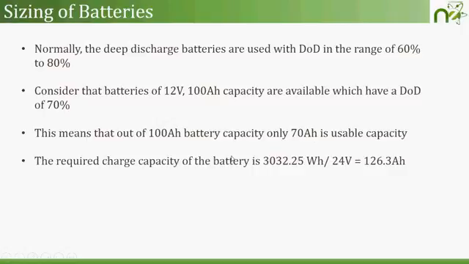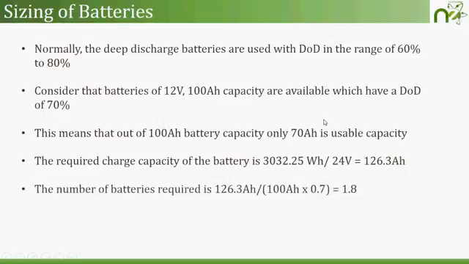Hence the total watt hours that we need to consume is 3032.25, and the total voltage that we need is 24 volts. So the battery capacity would be 126.3 ampere hours, but our usable capacity is only 70 ampere hours, which is 100 ampere hours into depth of discharge of 70%.